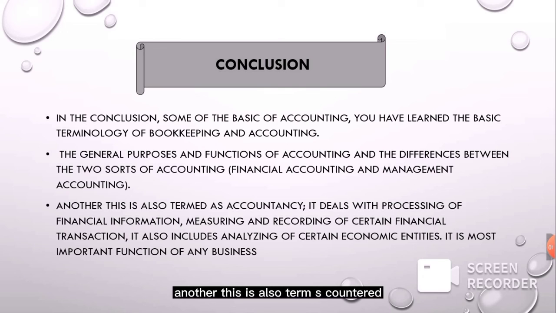This is also termed as accountancy. It deals with the processing of financial information, measuring and recording of certain financial transactions. It also includes analysis of certain economic entities. It is a most important function of any business.